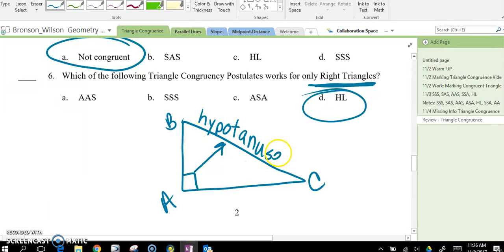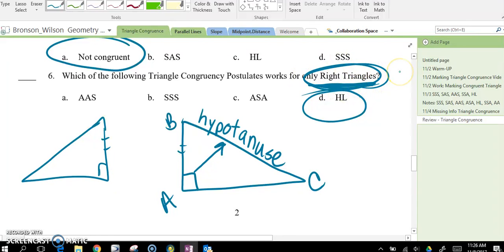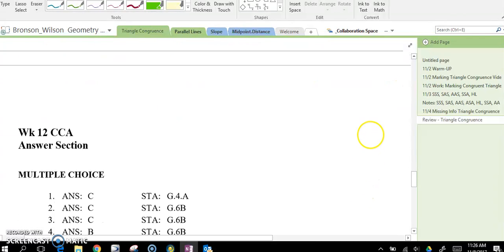I think that's right. Ooh, I'm not an English teacher because I don't spell well. All right, hypotenuse. I think that's correct. So when you have a right triangle and you have the hypotenuse and maybe a congruent leg, then you would use HL, okay? Right triangles.